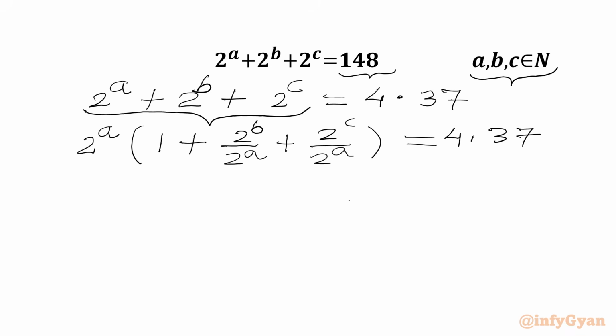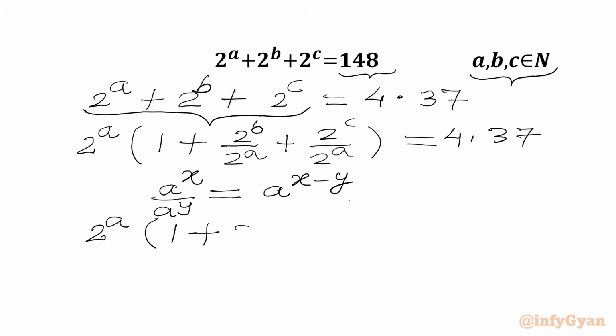Now we'll be using one powerful exponent law which says a power x over a power y equal to a power x minus y. After using this property, we will get 2 power a times 1 plus 2 power b minus a plus 2 power c minus a equal to 4 times 37.